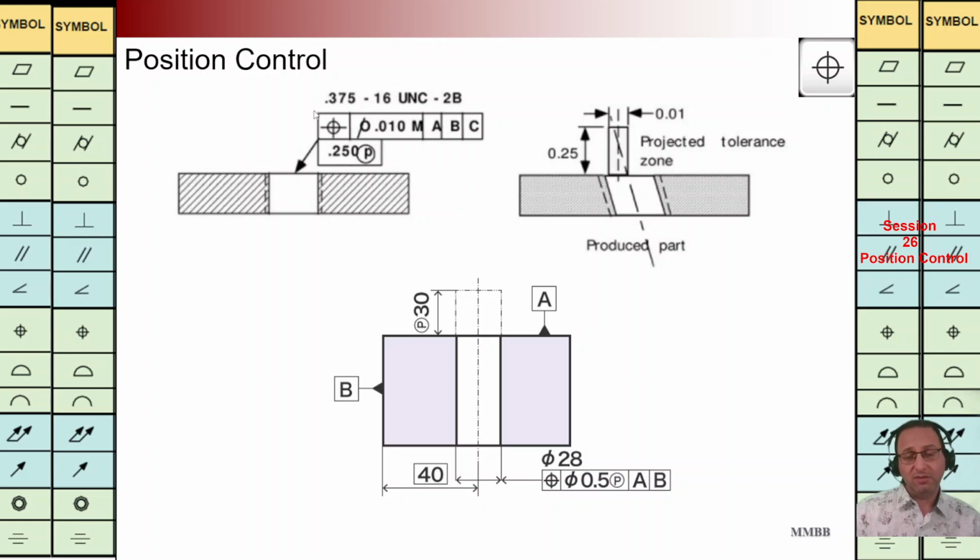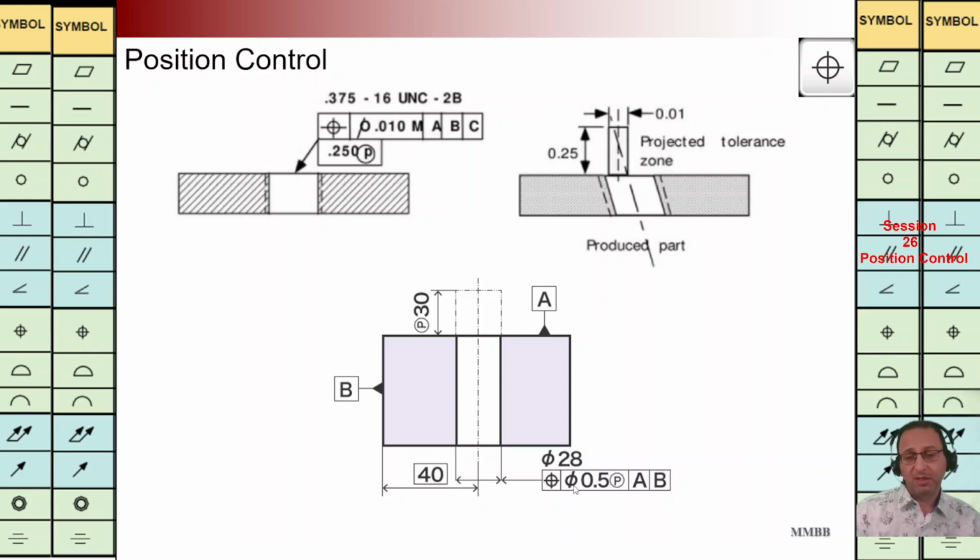It is another way of showing this modifier P, and this length is written here. As we can see at top right, it means we are going to have a cylinder with a diameter of 0.01 and height of 0.25, and the axis of this threaded hole should be in that tolerance zone.